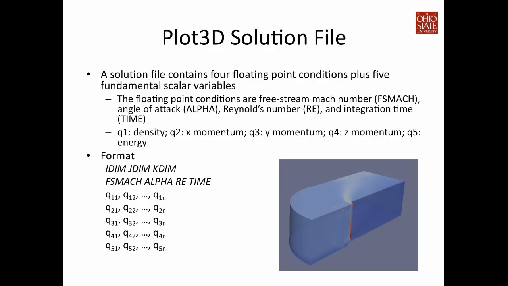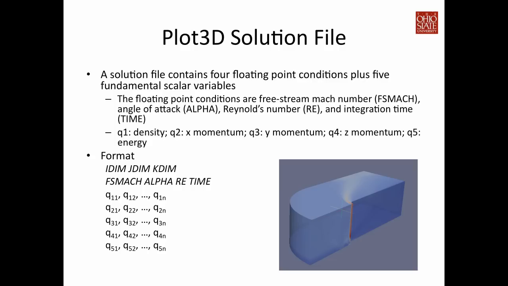So basically the format for the more general 5 variables .q file, you're going to first of all specify the dimensions, idim, jdim, kdim in the example. And then you put the metadata, the attributes: the Mach number, the angle of attack, the Reynolds number and integration time.